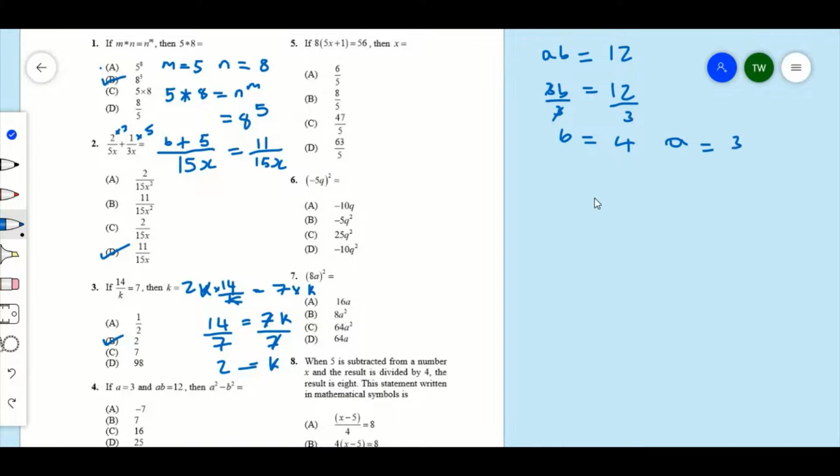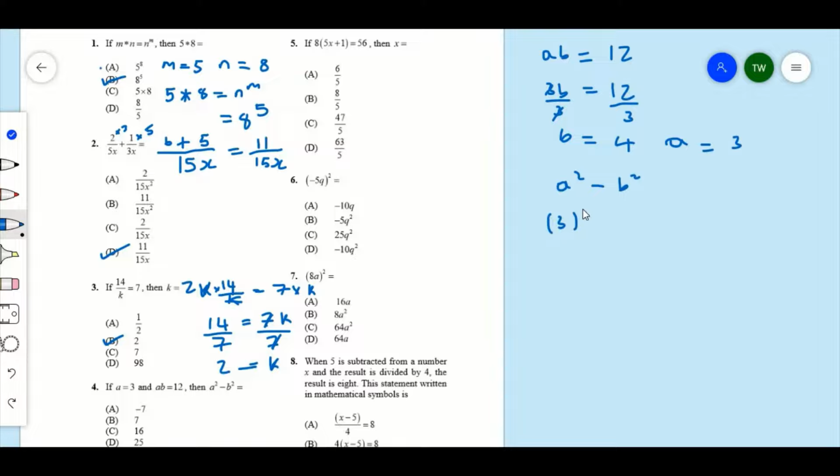3. So we can go ahead now and determine the value of a squared minus b squared, right? So instead of writing back a, we are going to write the value of a, and that's going to be 3. Put it in a bracket.